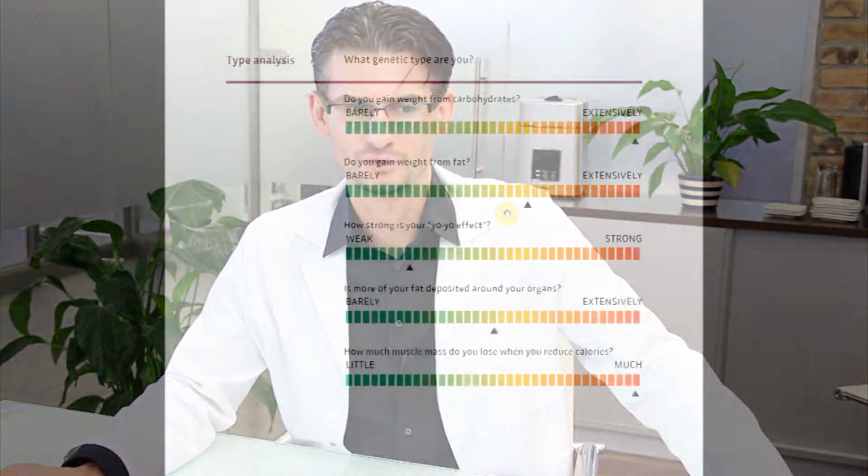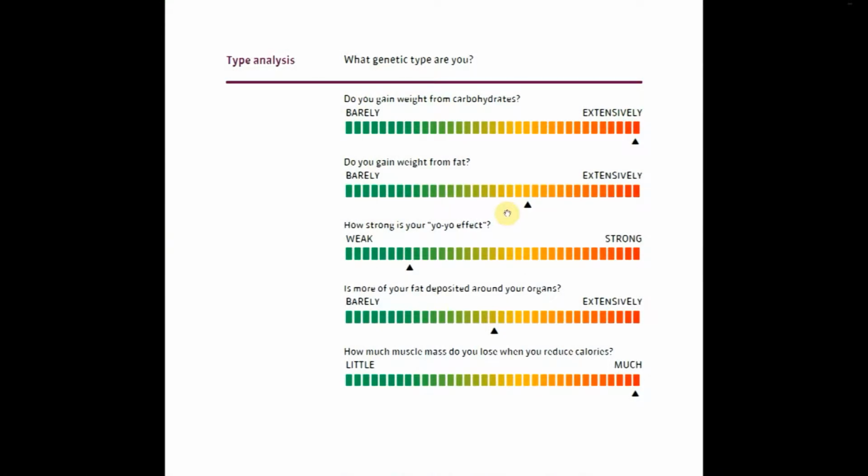All right, the next question is about how much of your fat is deposited around your organs. Fat in obese people can be located in different positions, for example around the hips, which is more common in women, or also around the organs, so it's actually on the inside of the belly. The problem with fat around the organs is that it is metabolically active, which means it's more unhealthy for you than fat around your hips.